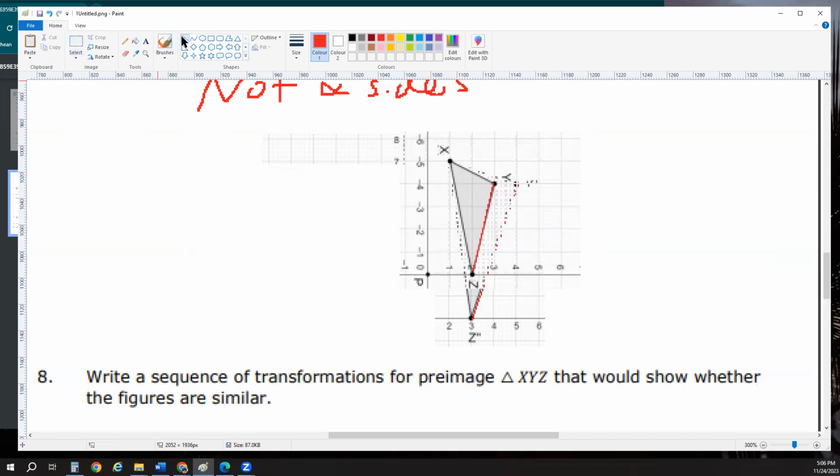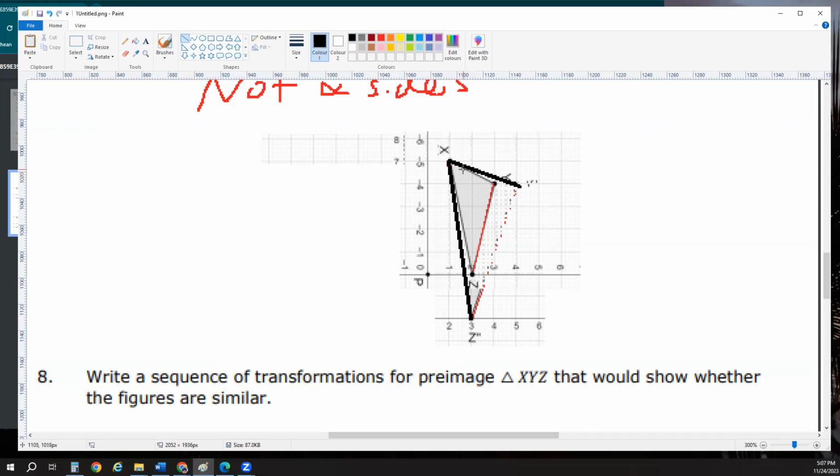But the old image is this. So this is the one image, and this is the other image. The angles are not the same. So they don't work. The angles are not the same. So they are not proportional.